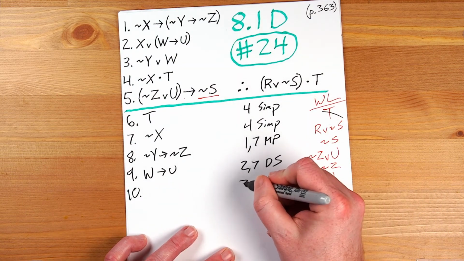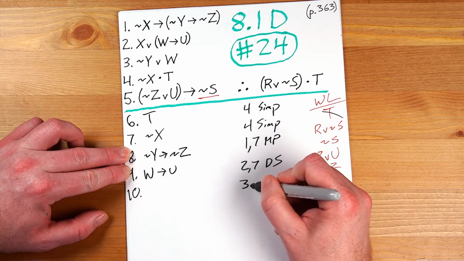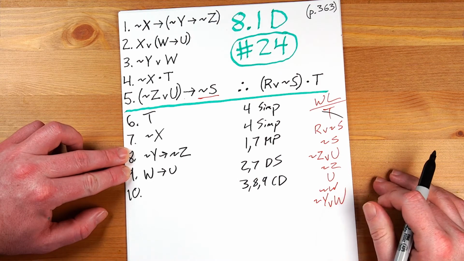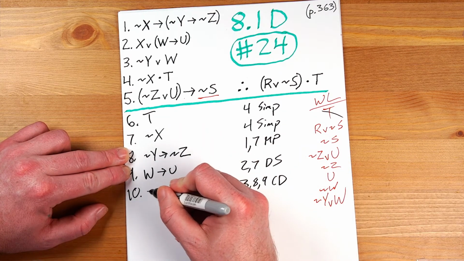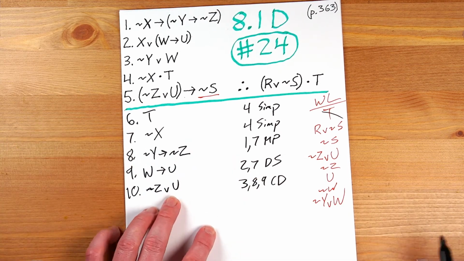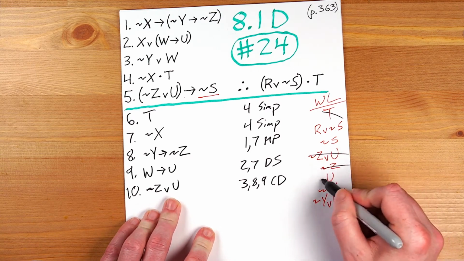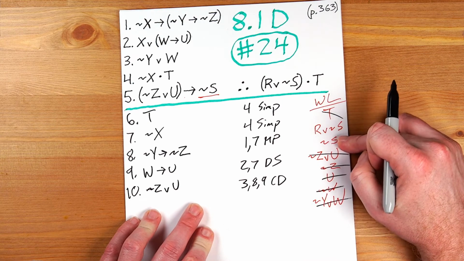We'll do 3 and 8 and 9, constructive dilemma. And that will give us not Z or U. Perfect. So we jumped all the way past some things on our list, right? All the way up there. So we got that.